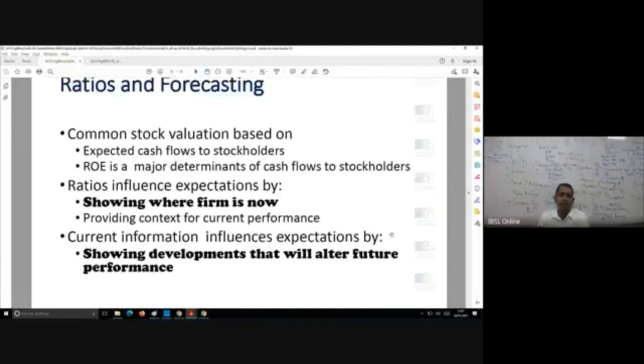Ratios and forecasting: common stock valuation is based on expected cash flows and ROE, so it is future expectation based. Ratios show where the firm is now and provide context. When you are doing the evaluation, you have to check the past and predict the future. Without knowing the past, you can't predict.